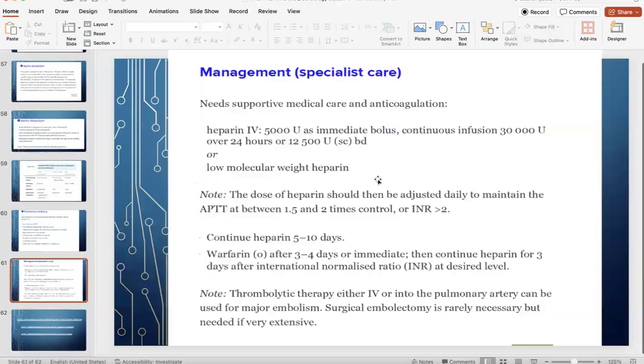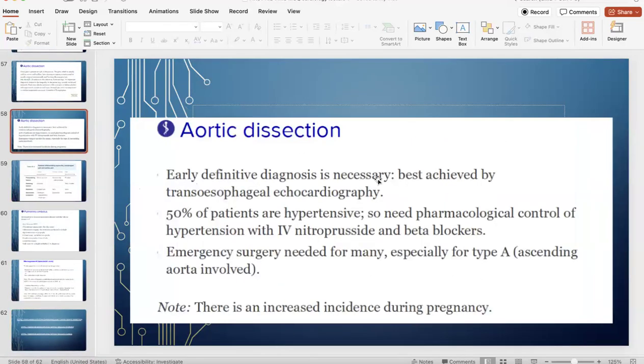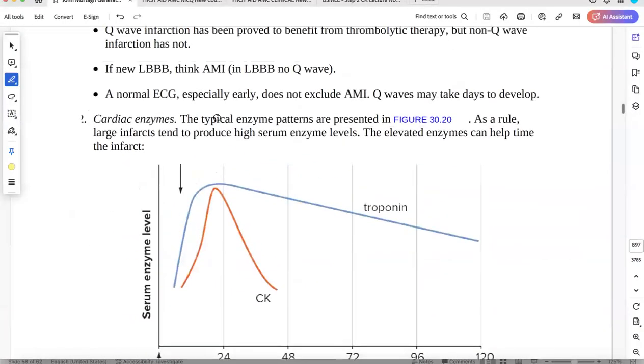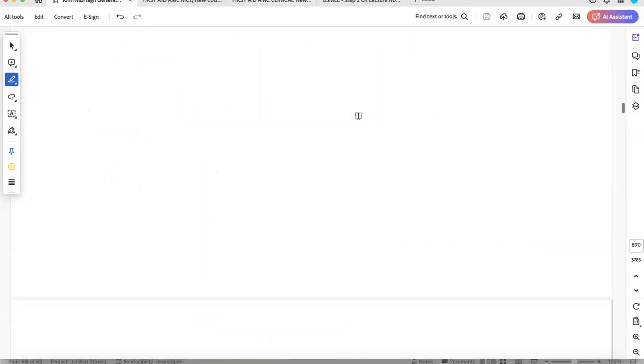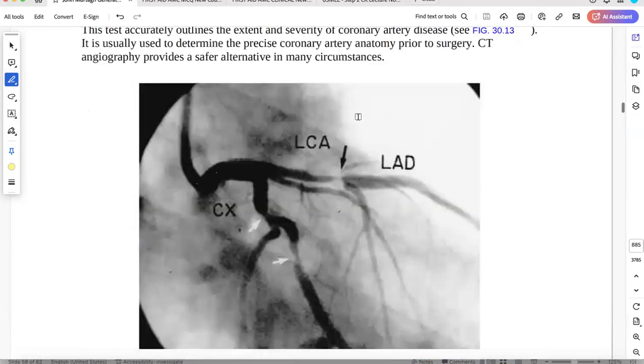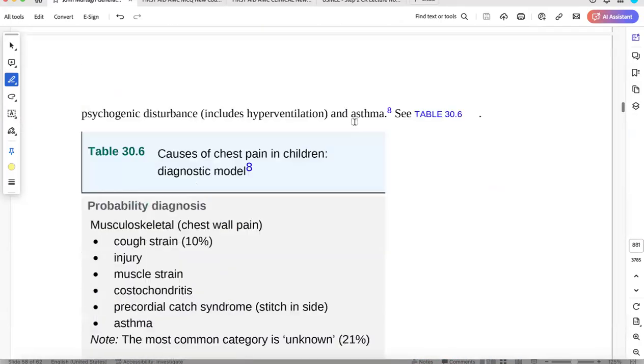We will not discuss pulmonary embolism in the cardiac class. We will discuss it in our respiratory system. Okay, so that finishes the notes that we have for you. But now we will go through a little bit from John Murtagh.